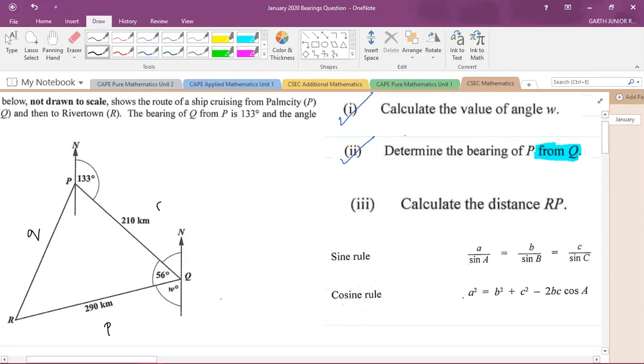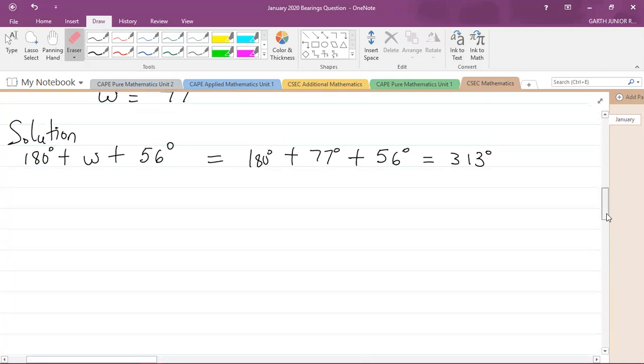So I can just adjust this cosine rule formula to say Q squared, because I want to find Q. Q squared is equal to P squared plus R squared minus 2 times P times R times the cosine of the angle Q. You recognize that small a is here, and capital A is here. So if this is going to be small p, then this has to be capital Q in my formula.